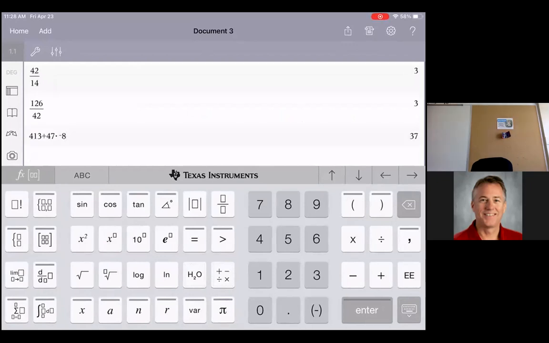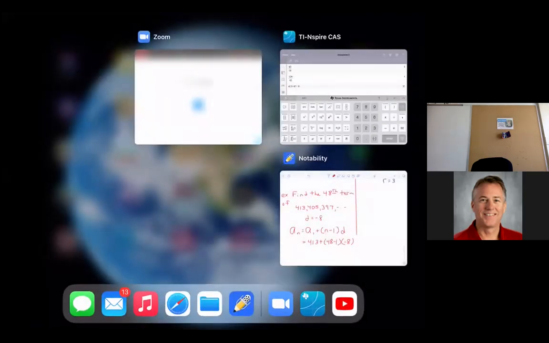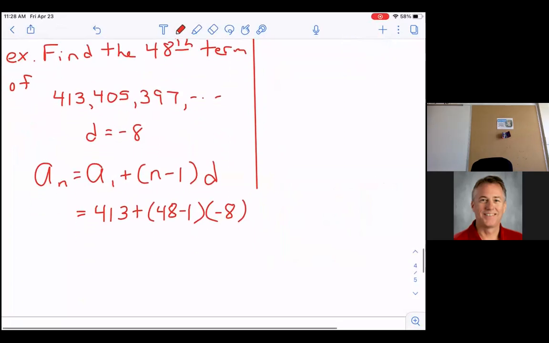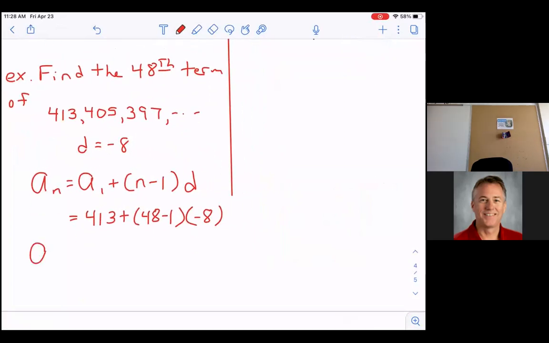There we go, we get 37. So we would say that A sub 48, that's how you denote that, is equal to 37. 37 is our answer.